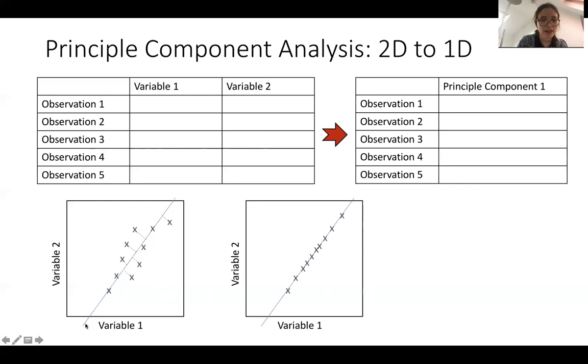Once we have a line of best fit to the data, we can squish the points onto that line of best fit. Then we can take that line and rotate it. The distance that these points are along this line is their value in terms of the first principal component.